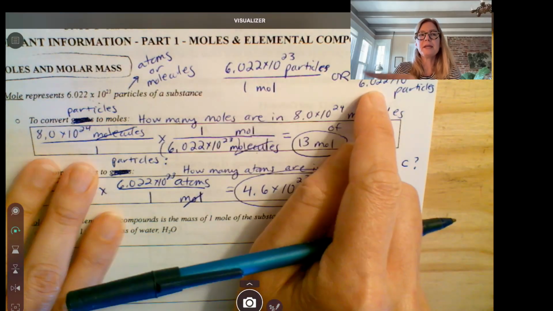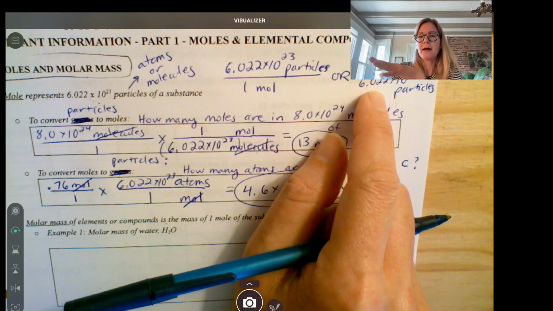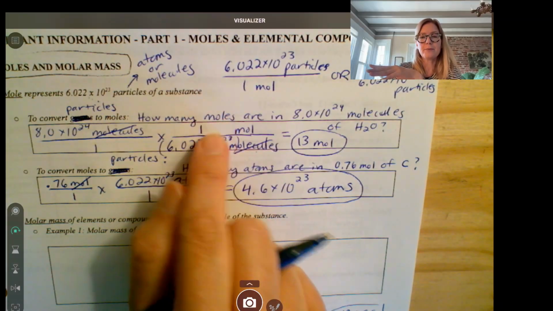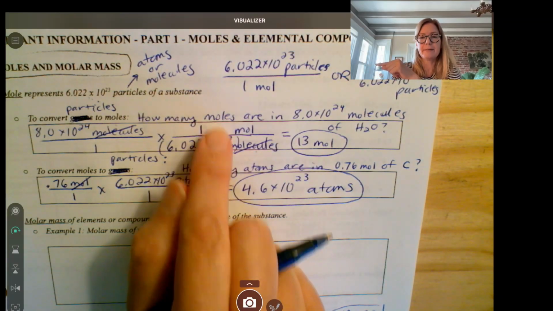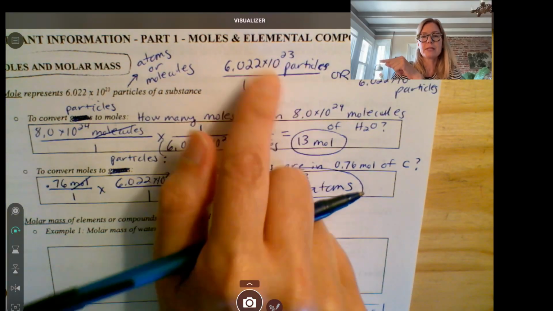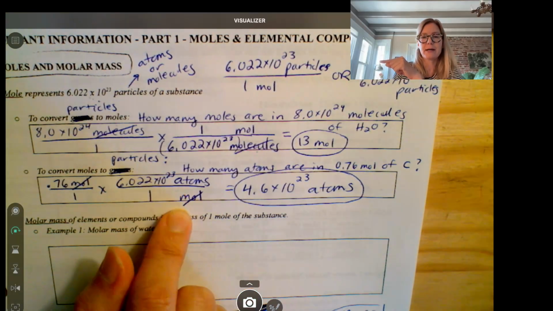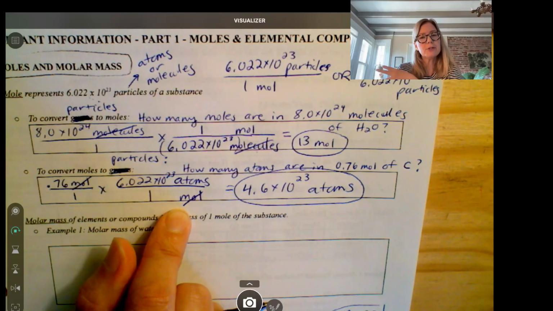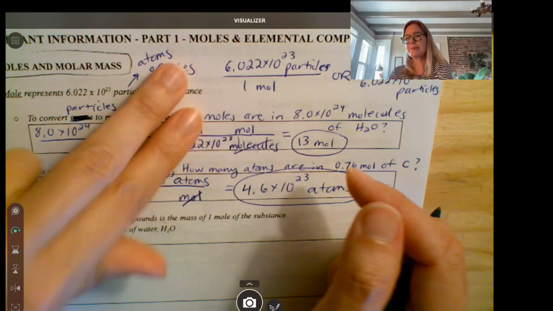These are both equal to 1. For the first example, we had the particles on the bottom and the 1 mole on the top. For the second example, we use this style, where we had the particles on top and the 1 mole on the bottom.